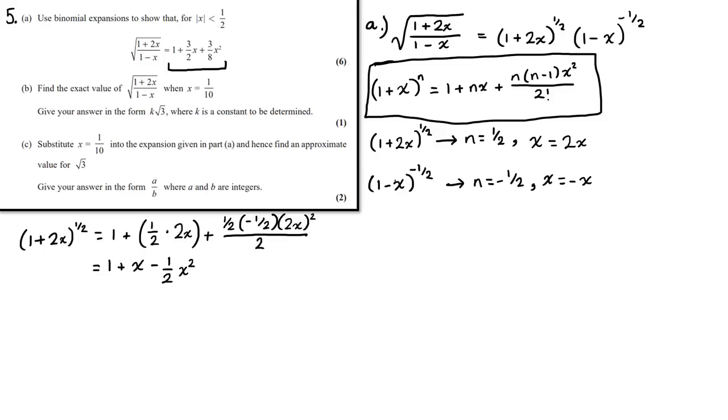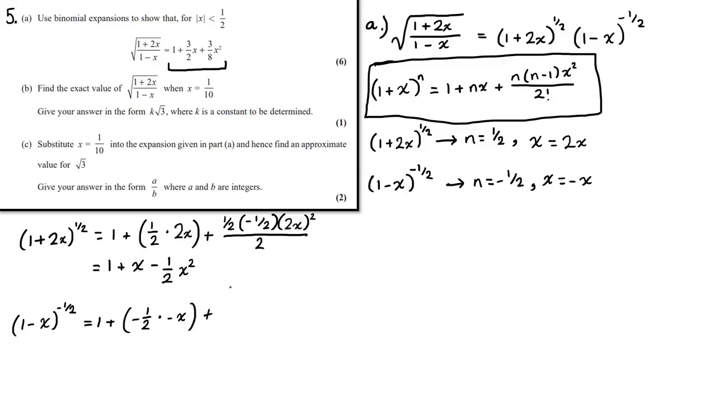We now repeat this for 1 minus x to the power of minus a half. Again, we just use this formula now. So it's going to start off with 1 plus nx. So n is minus a half, and then x is minus x in this case. So that's minus a half times minus x.